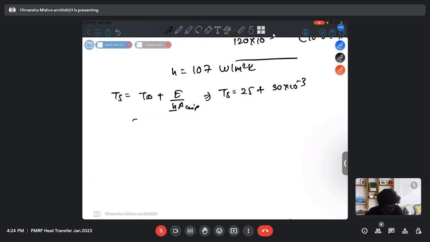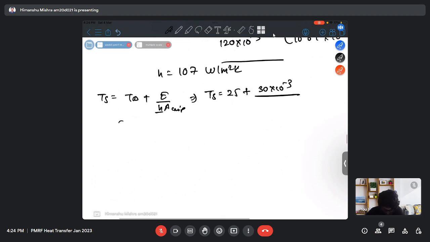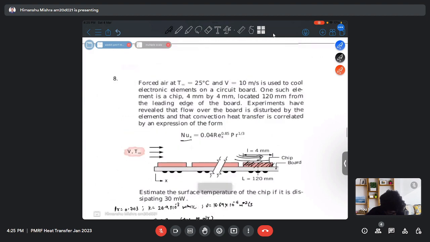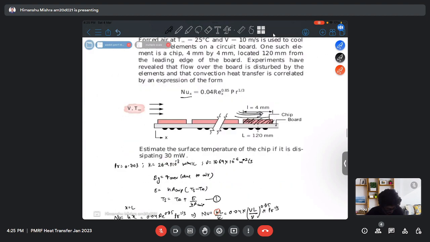So this is my energy generation, and my heat transfer coefficient is 107, and my area will be 4 mm by 4 mm.